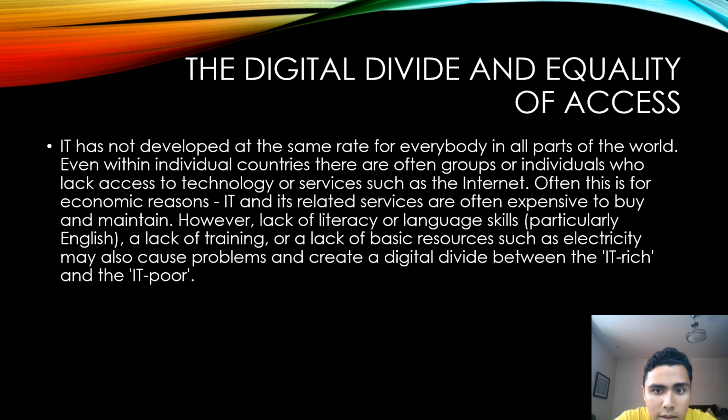The digital divide and equality of access. Let's say that in this issue, all the users have to have access to all of the IT systems equally, and even within individual countries, there are often groups of individuals that lack access to technology or services such as the internet.